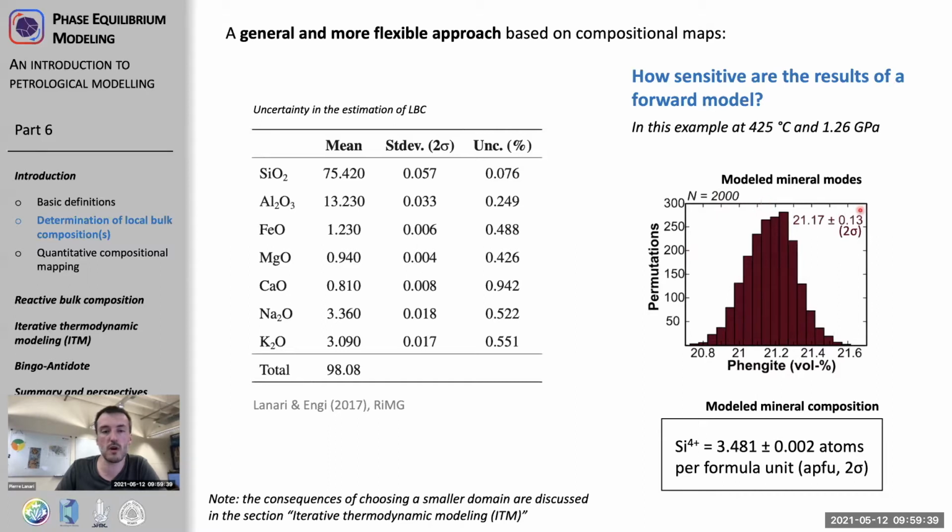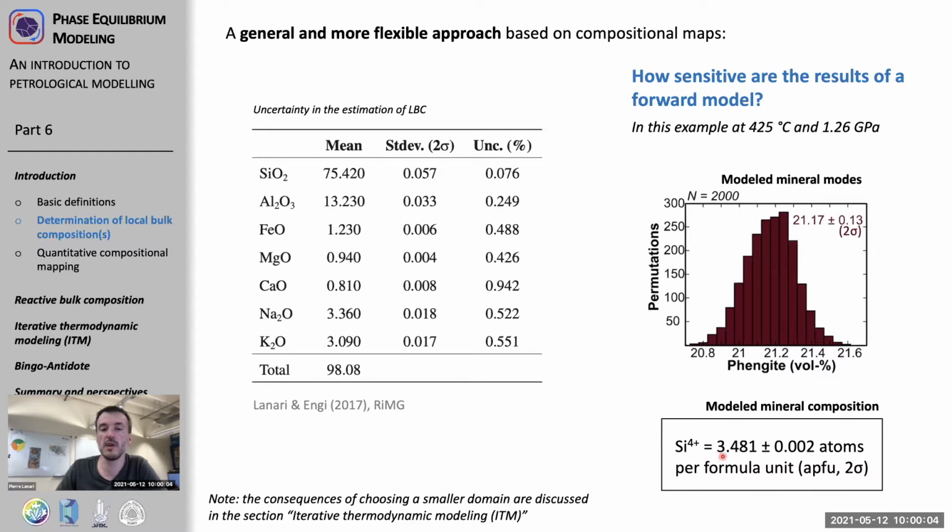The first one on the top is the modeled mineral mode for phengite, and that would be the effect of the uncertainty on the local bulk composition. The mode is 21.17 volume % plus or minus 0.13 at 2 sigma range. You can also quantify the effect on the modeled mineral composition. This is an example for silicon in atoms per formula unit of phengite.